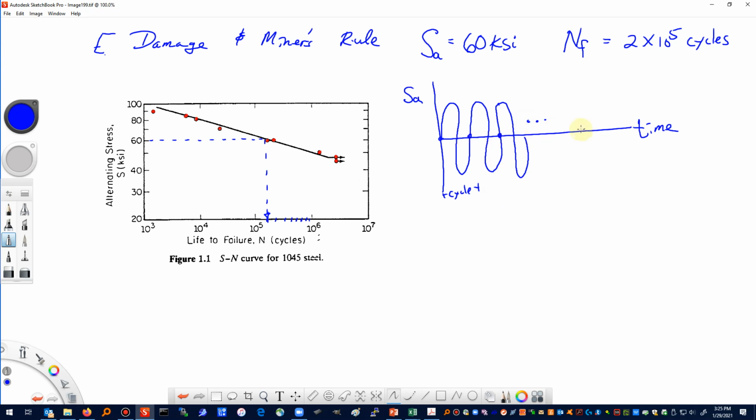And then eventually we keep going, and maybe it breaks. Something like this would probably break at some point, maybe on the tensile side of the stress. Okay? So it breaks, and that's when we get to about 2 times 10 to the 5th cycles.